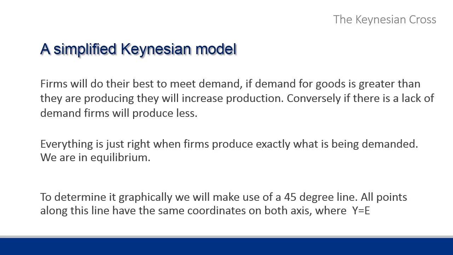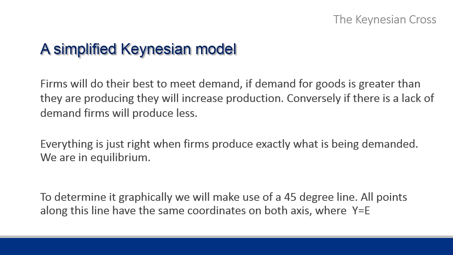So let's look at this difference between expenditure and actual production to see how we get our market forces pushing us towards equilibrium. The firms do their best to meet demand, but if demand is going up and production isn't, then there is a difference. There is excess demand.